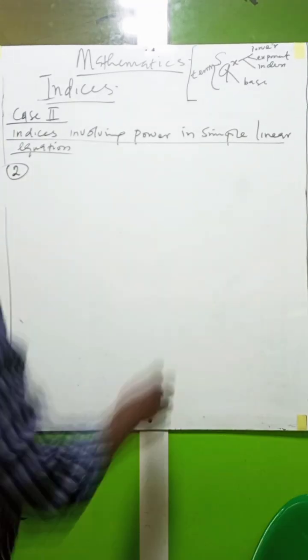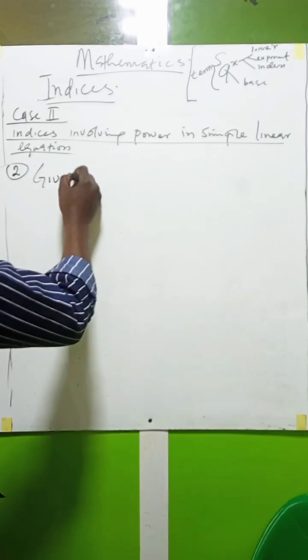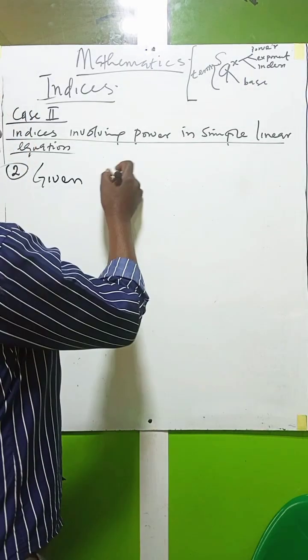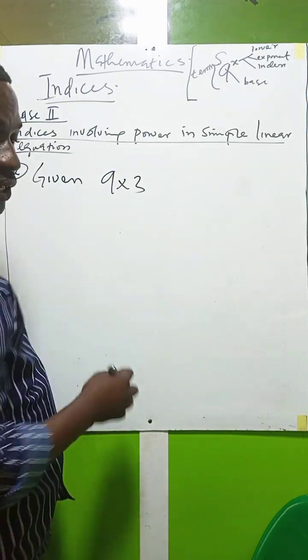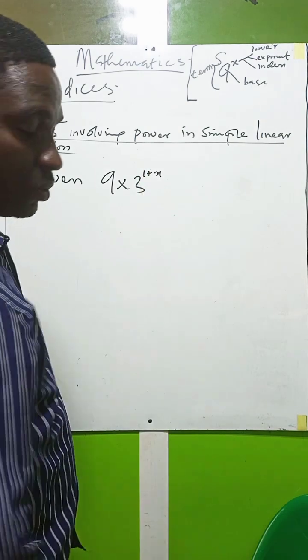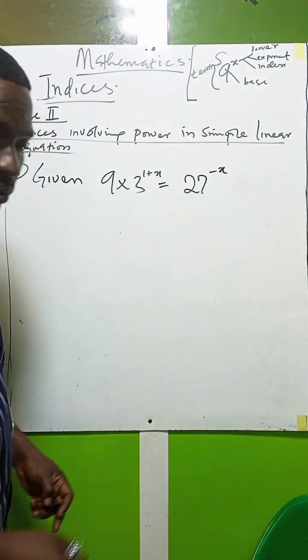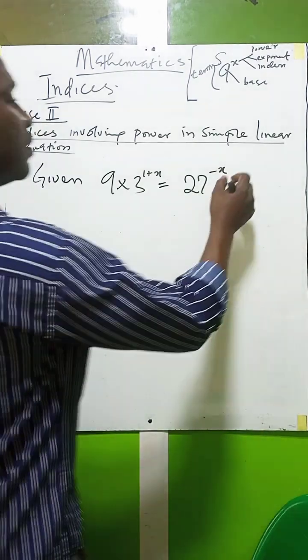We have, they said, given 9 times 3 raised to power 1 plus x equals 27 raised to power minus x. Find x.